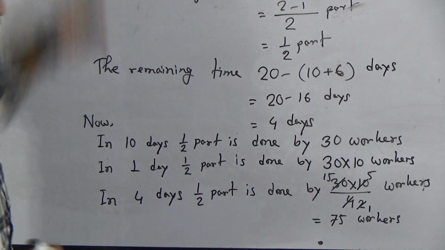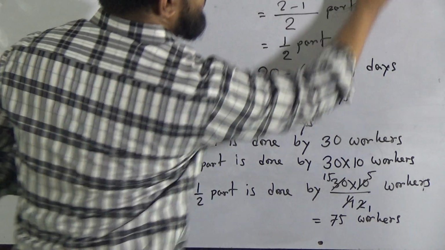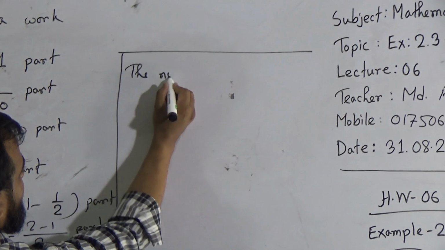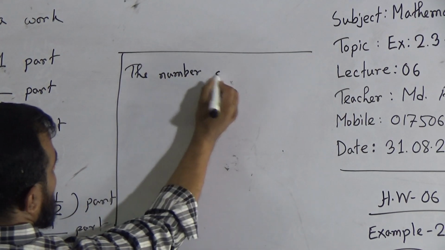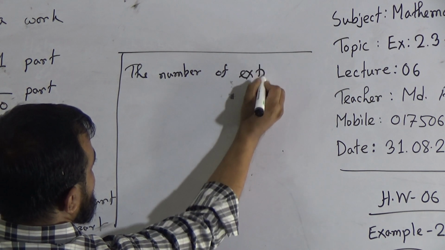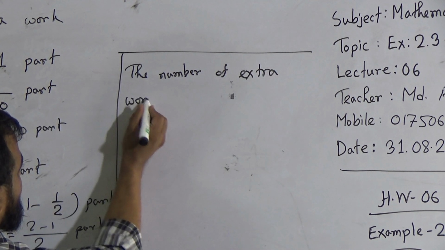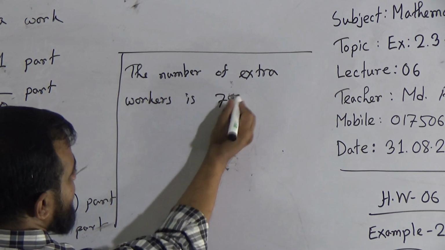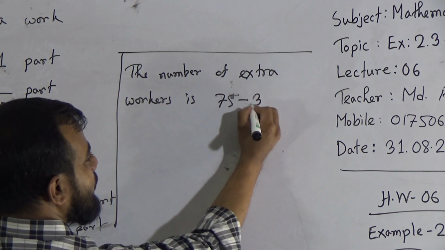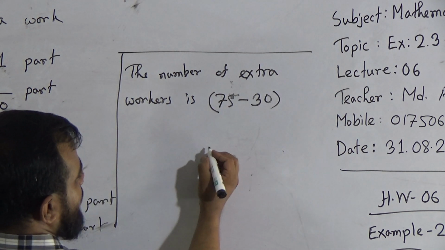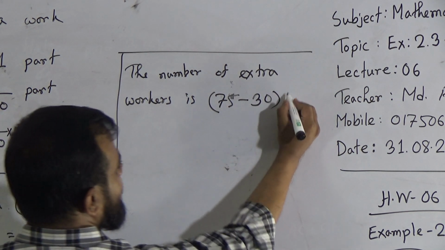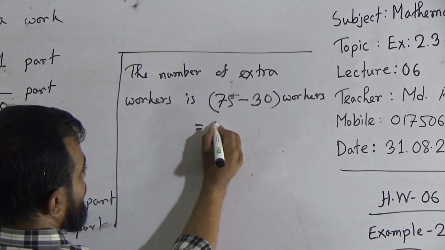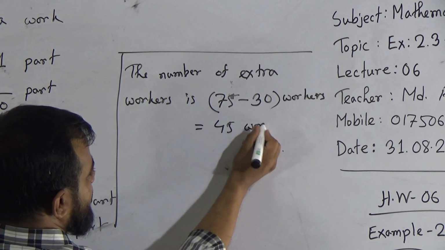So the number of extra workers is 75, the total we need, minus the 30 workers already there. 75 minus 30 workers, that's equal to 45 workers.